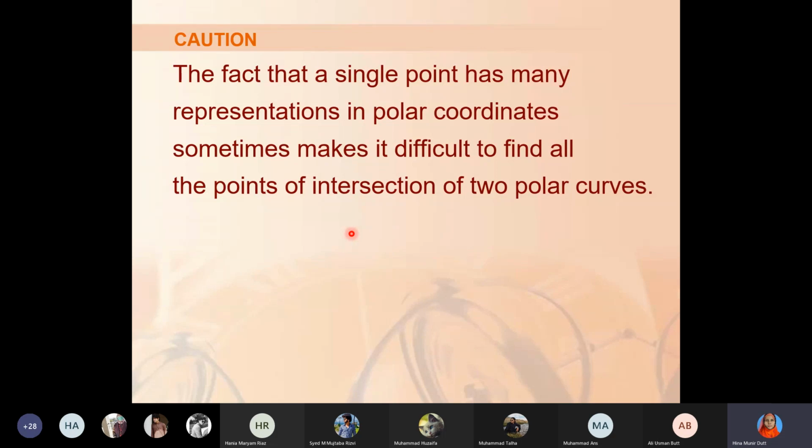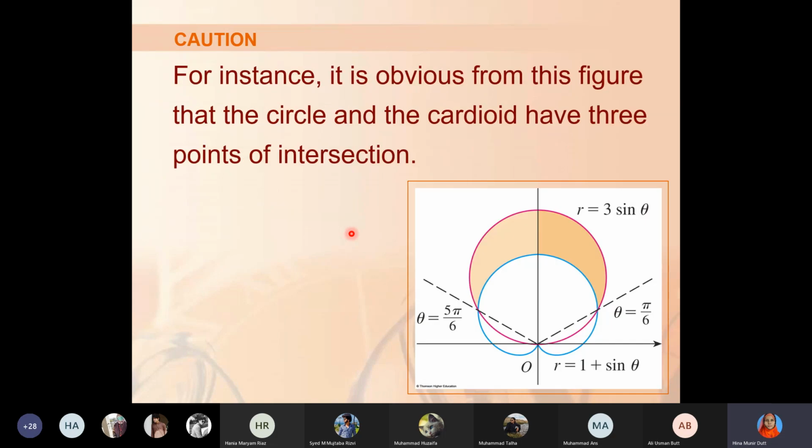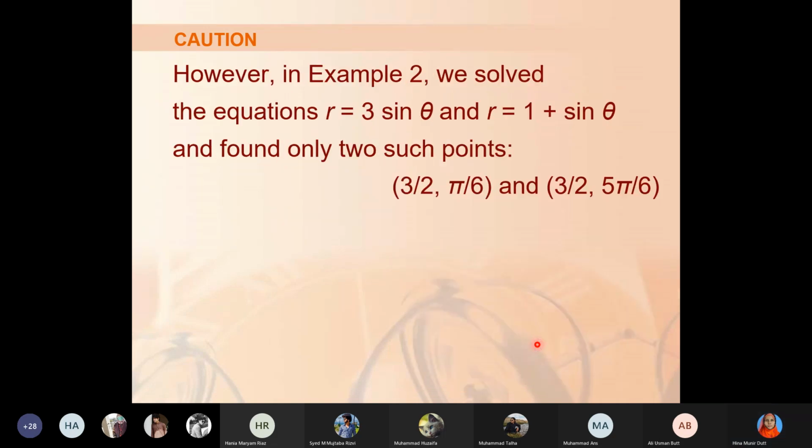For example, (0, 0) can be the pole, also (0, pi), (0, pi by 2), (0, 3 pi by 2), (0, 2 pi), (0, 4 pi). These are all representations of the origin or pole. But now we can see from the figure that the circle and this cardioid intersect at the pole.